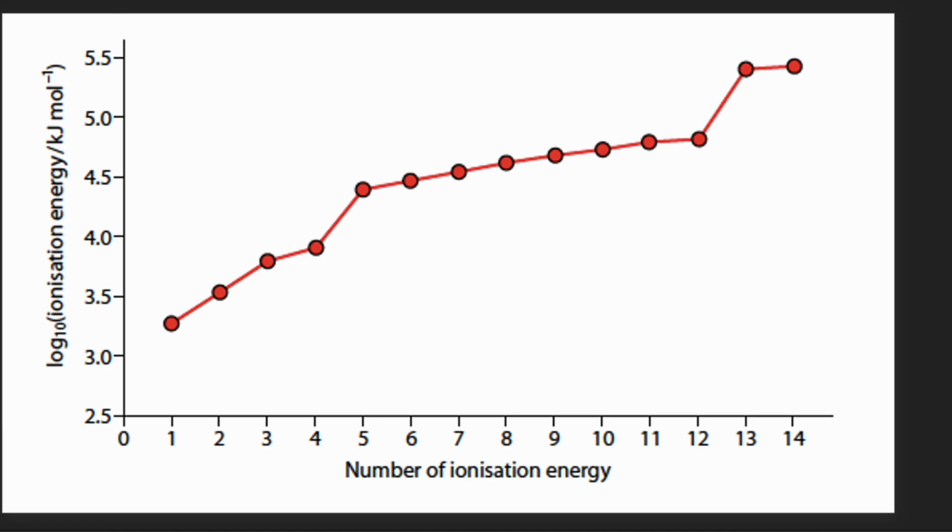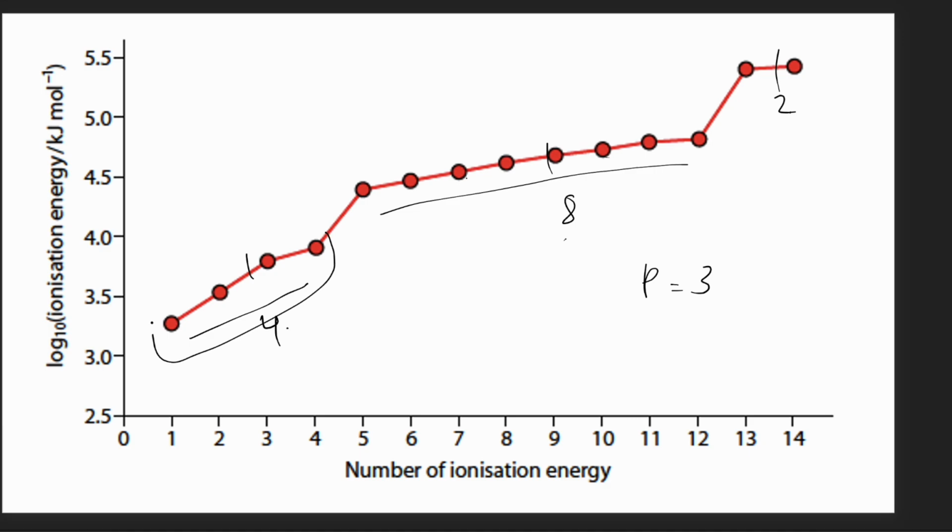This one, let's determine what the element is from this figure. Okay, so this one is 4, this one is 8, and this one is 2. So the electronic structure is 284. It has 3 main energy levels, so period 3, and then group: which one is the easiest one, which electron? So this 4th electron. So group 14, right?